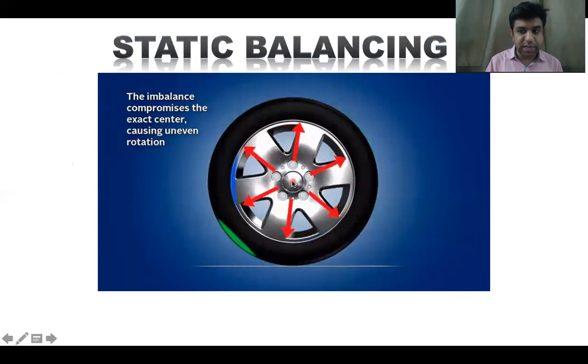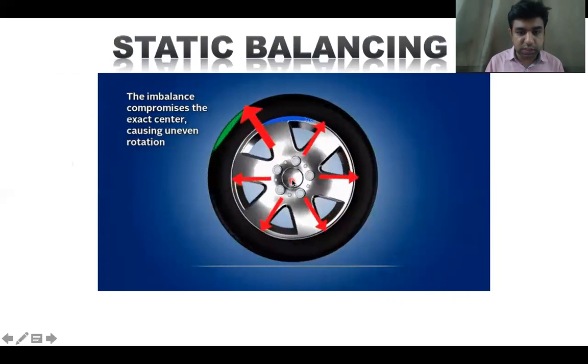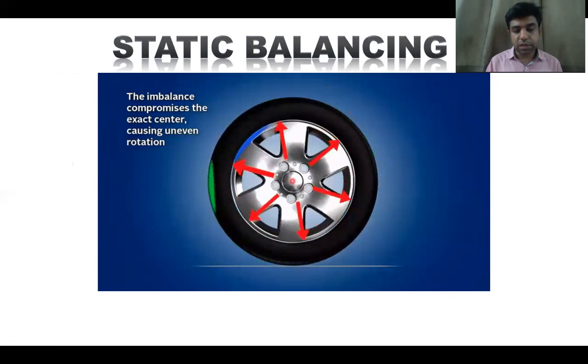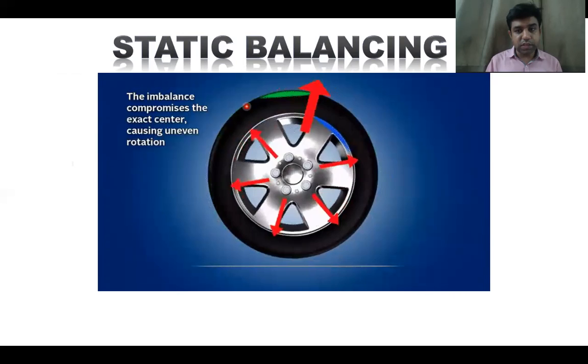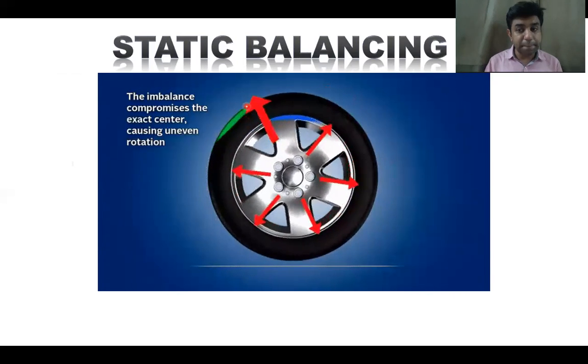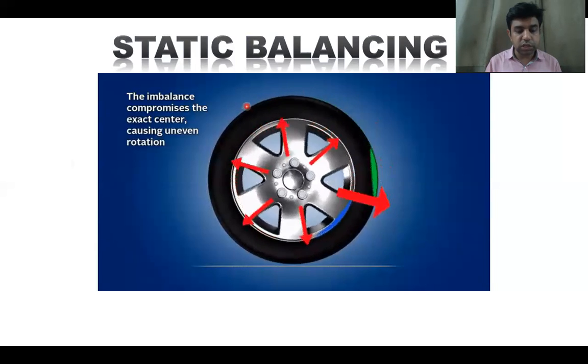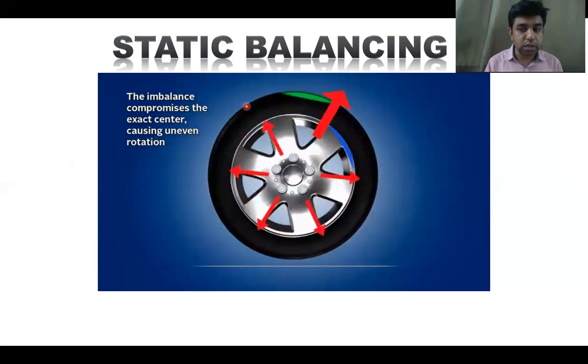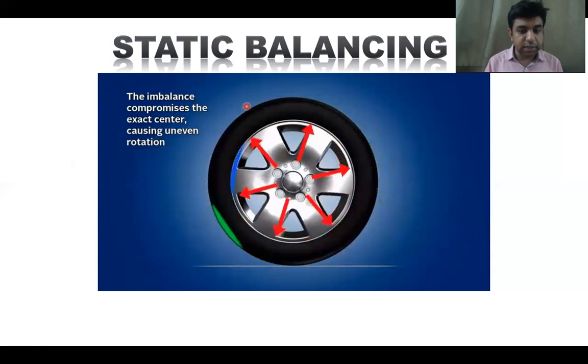When the CG and the axis of rotation remain the same, then that state is called a static balancing state, right? As well, how do we identify that our wheel is statically imbalanced? This is important to understand.